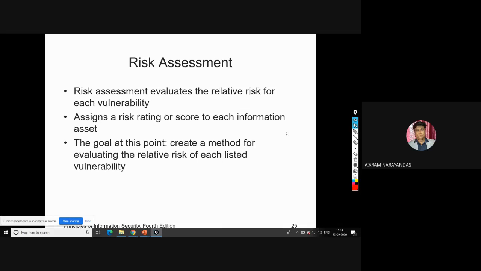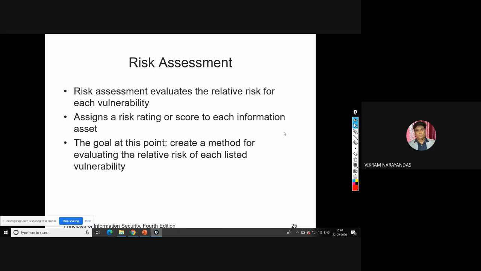Risk assessment. What is risk assessment? If you identify the risk, the next process is risk assessment. So we can determine the relative risk for each vulnerability through a particular process called risk assessment.